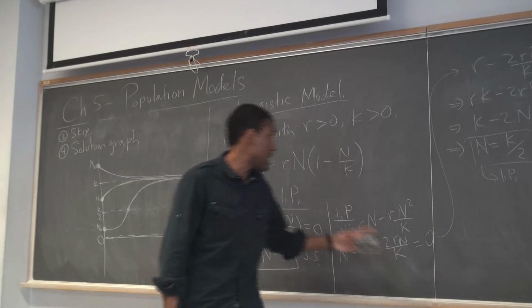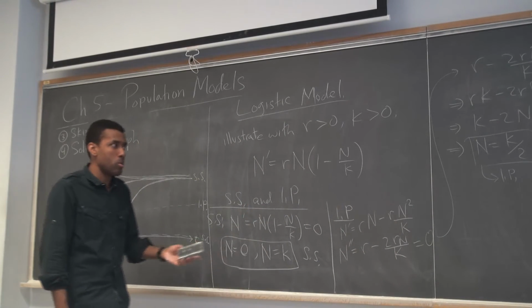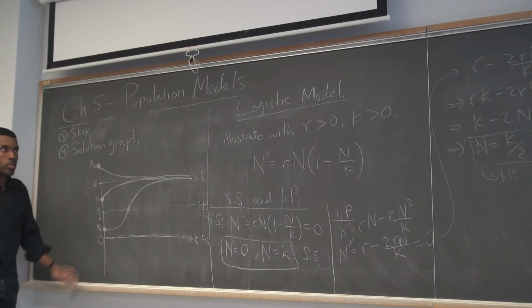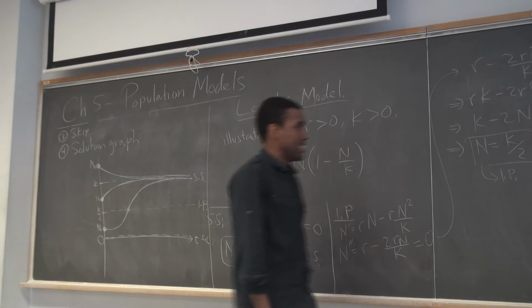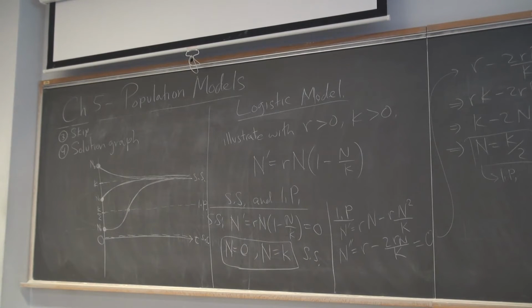There is a model that has harvesting for the logistic, and that one could possibly go extinct, but we don't cover that one. I think it's actually called the real world model. So basically those are the models that we have in this chapter. And now we are going to do some specific examples, which are written on the handout.